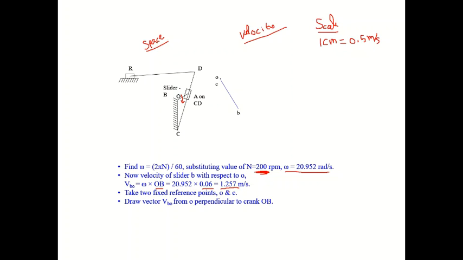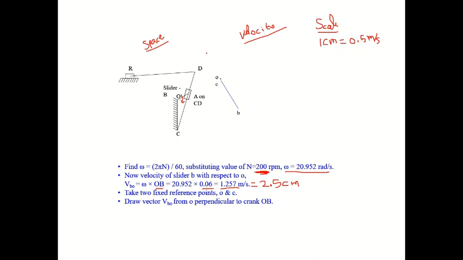So 1.25 meter per second means you have to draw a 2.5 centimeter line. 1.25 into 2 is 2.5, nothing else.